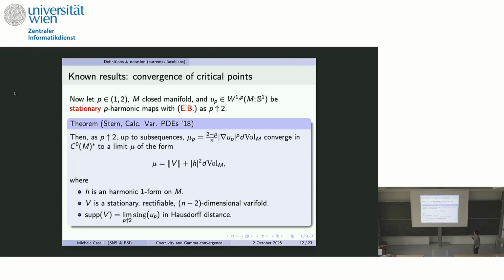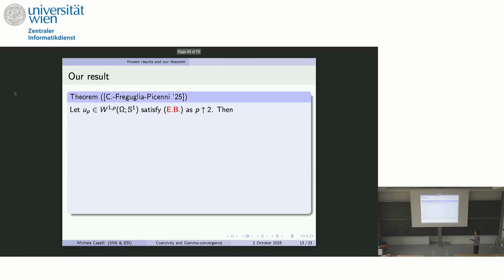But note that, and this will be key, I'm not saying that the varifold is integral at this point. It is stationary and n-2 rectifiable, but I'm not saying it has integer multiplicity. And actually, it is not known up to now.